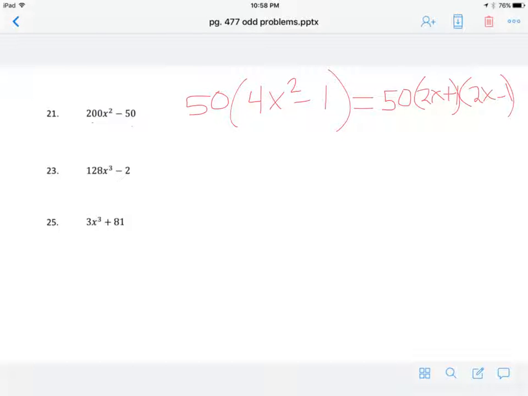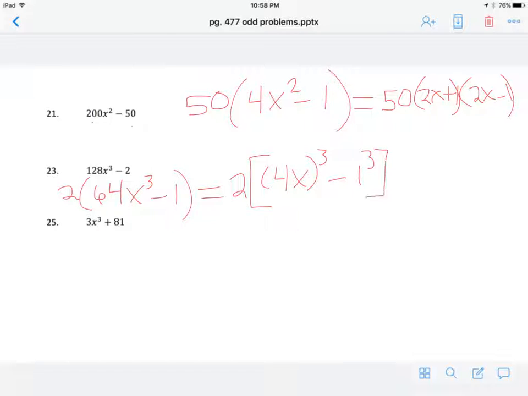Okay, 23, same thing here. You're going to factor out and do 64x cubed minus 1. Factor out a 2 first. And then this one is a difference of two perfect cubes. So I'm going to do a 2 here. And then notice 64, you're going to be able to write 64x cubed as 4x quantity to the third power. 4x quantity to the third power will take you back to 64x cubed minus 1 cubed.